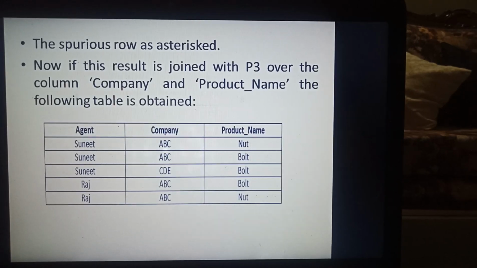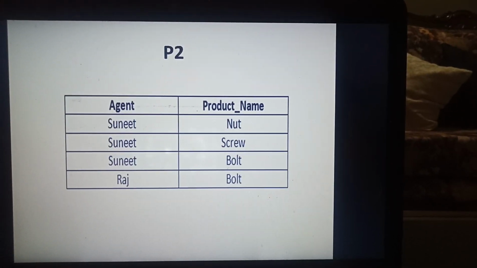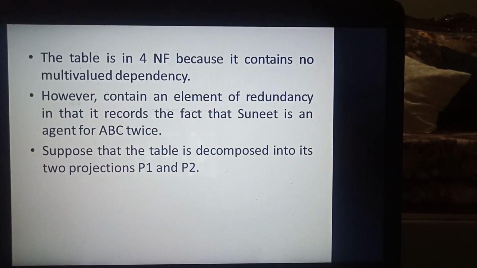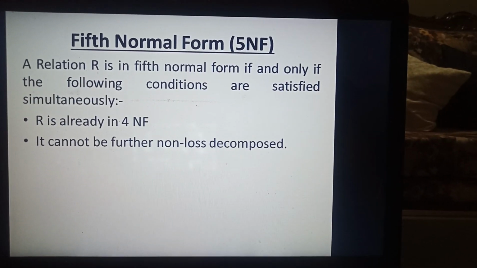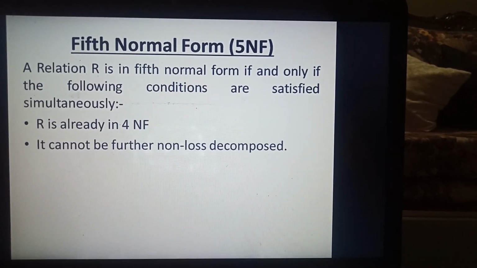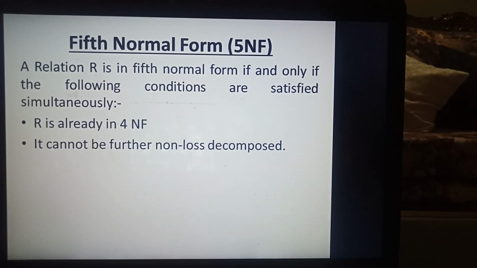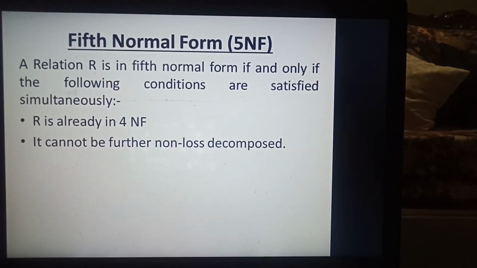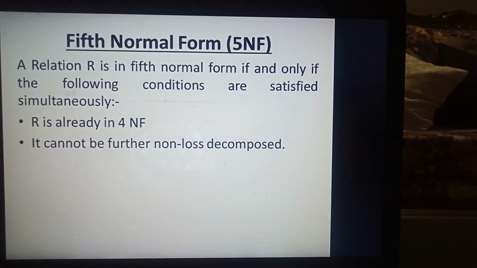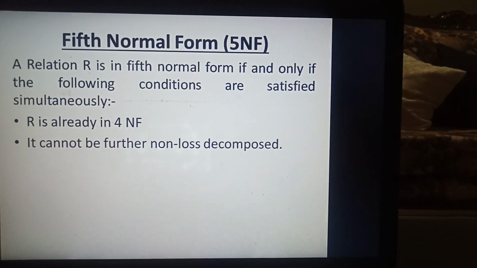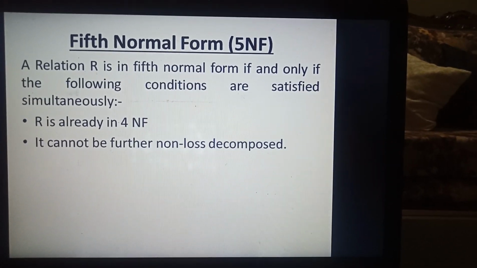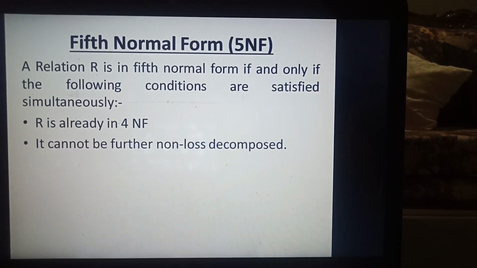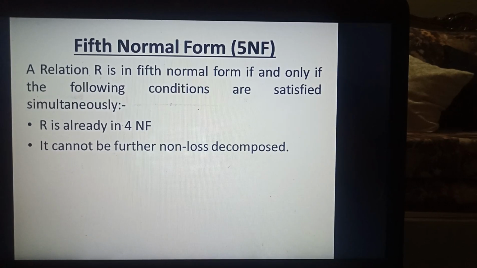So the definition of fifth normal form is satisfied, as for a relation to be in fifth normal form, these two conditions should be satisfied: that relation R is already in fourth normal form, and second is it cannot be further non-loss decomposed. So I hope you have understood the topic. Thank you.